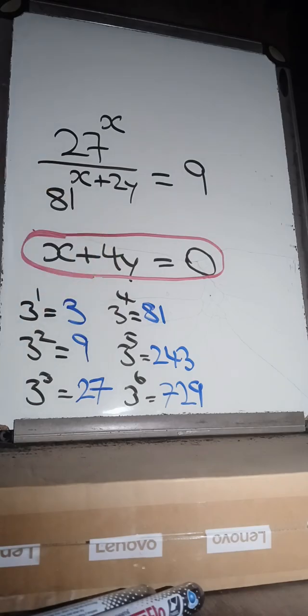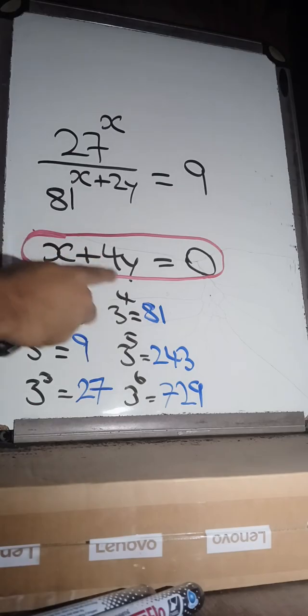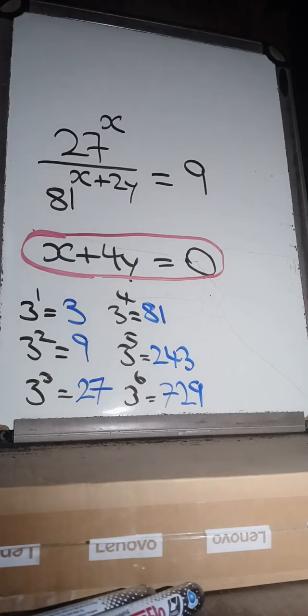They're telling us that x is equal to minus 4y. So if we minus 4y from here and here, x is equal to minus 4y. And if you add minus 4y to this, we end up with 0. So we at least know what one of our answers is.